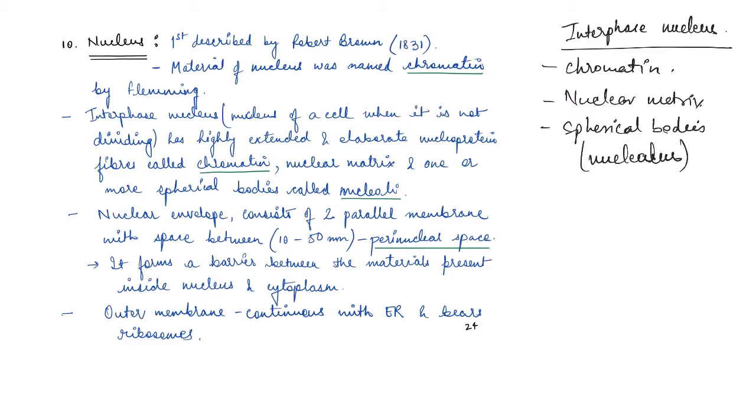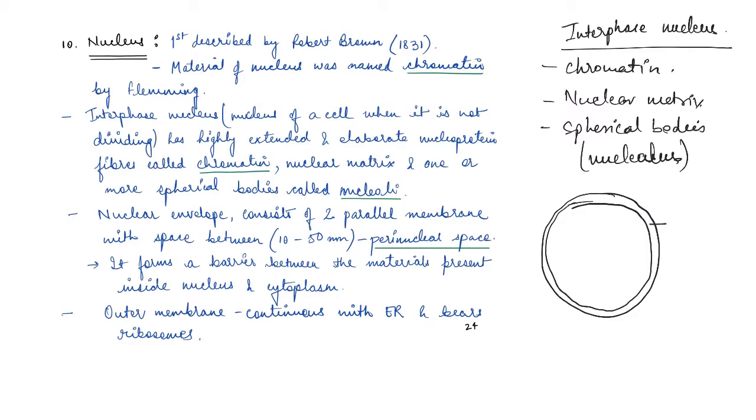or nucleoli, plural. Right. So when you see it under electron microscopy, you'll see that there is a nuclear envelope. This nuclear envelope consists of two parallel membranes with a space between them.